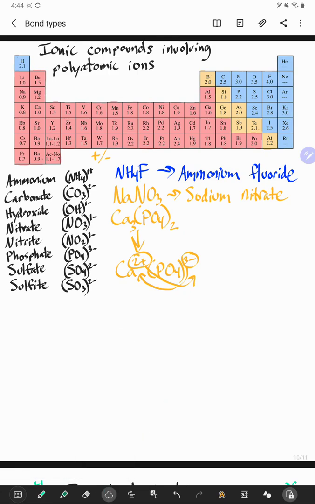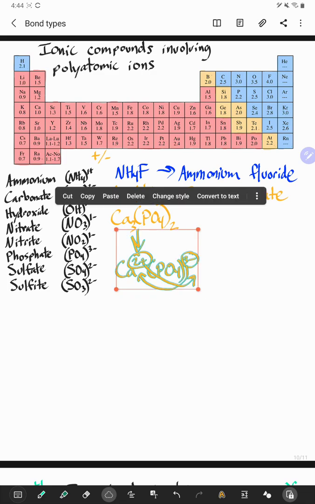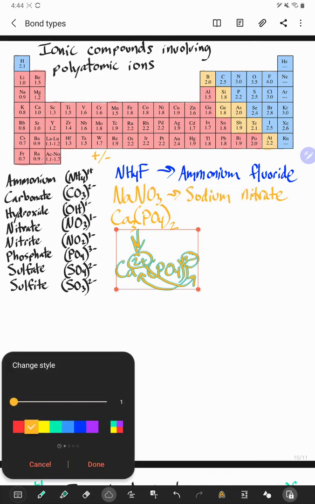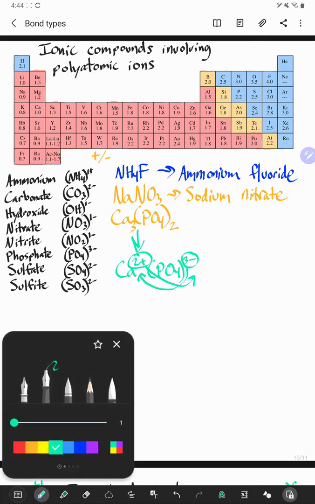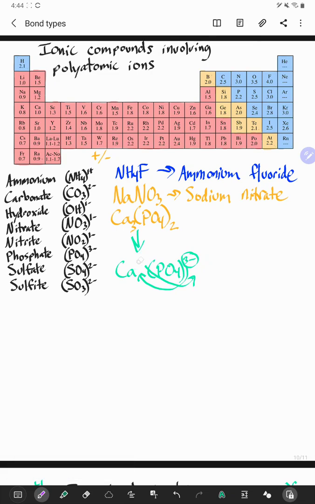One second. All right, Ca2 plus, so that we can remember how we got those numbers.